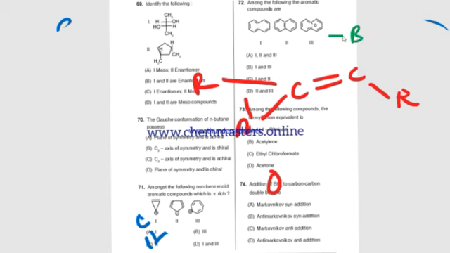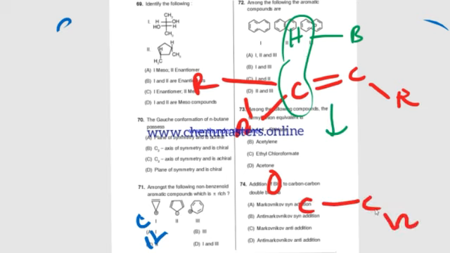So boron approaches the alkene from the sterically less crowded position, and hydride approaches the sterically more crowded carbon. In the next step we can draw it like this, C with R and R prime, with H and B.